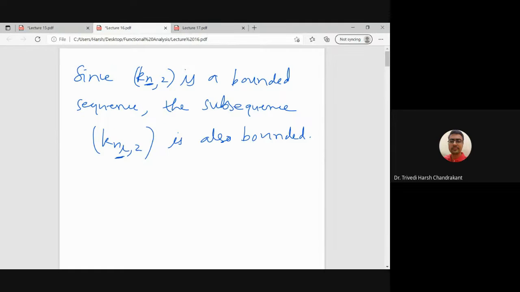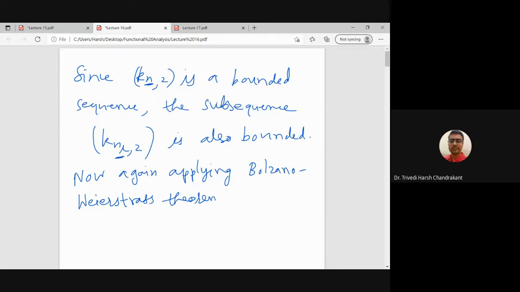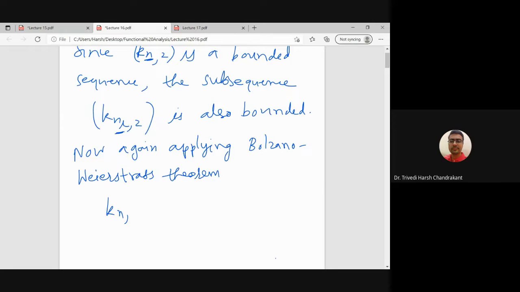And now, again applying the Bolzano-Weierstrass theorem, this subsequence has another subsequence which is convergent.